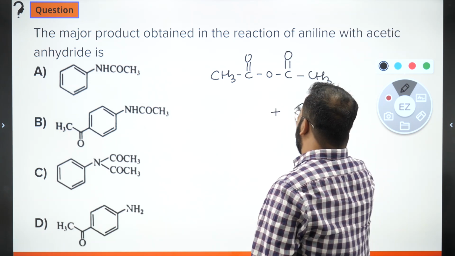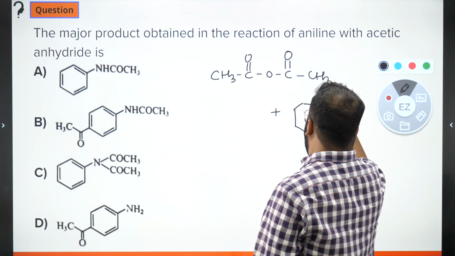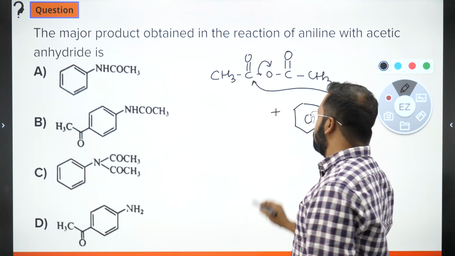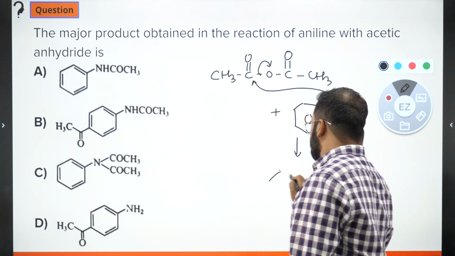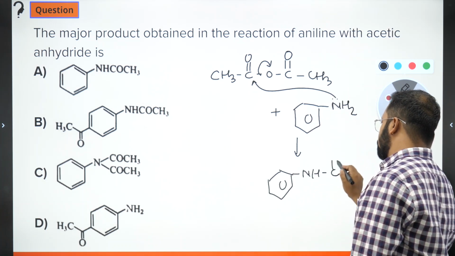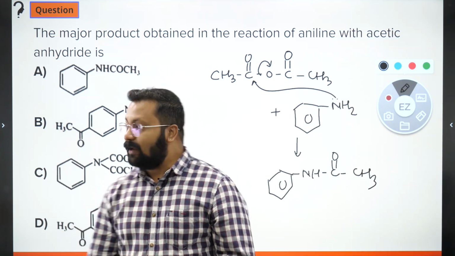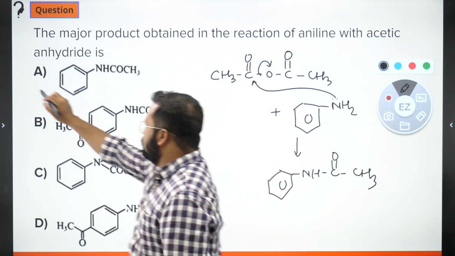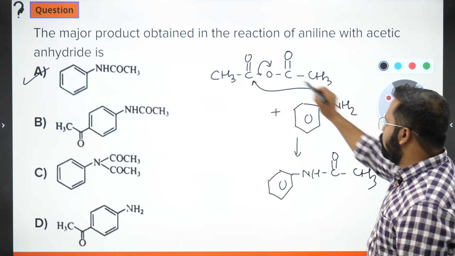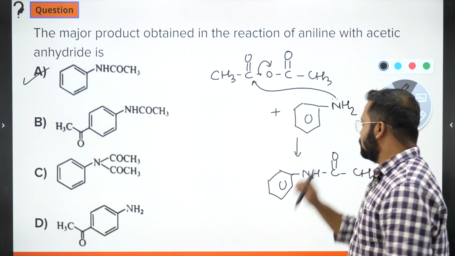And if it reacts with aniline, the lone pair is present, attacks here, this goes out, I will be getting NH-C double bond O-CH3. This is known as acetanilide. The right answer should be A. Ring पे reaction क्यों नहीं होगा? Because the nitrogen is more nucleophilic, it attacks over here. This is even more nucleophilic than the ring. Okay? चलो.